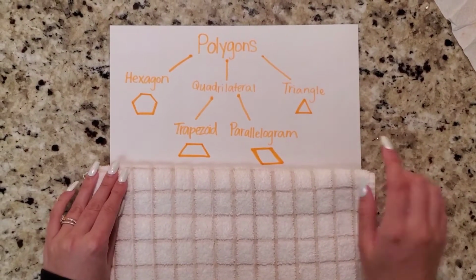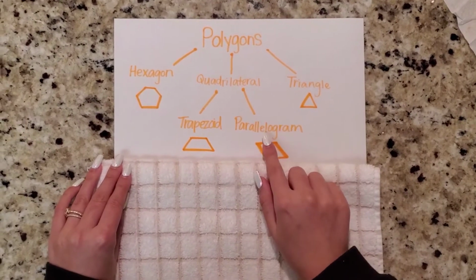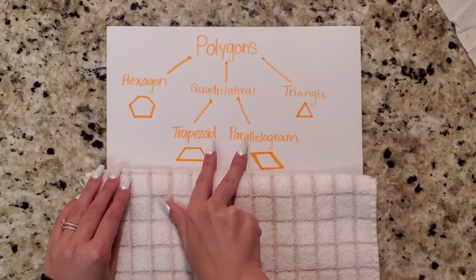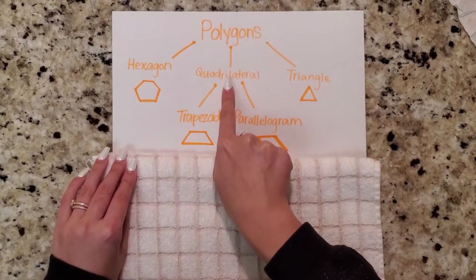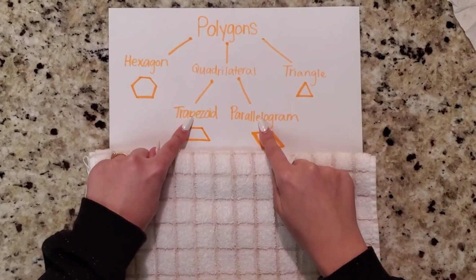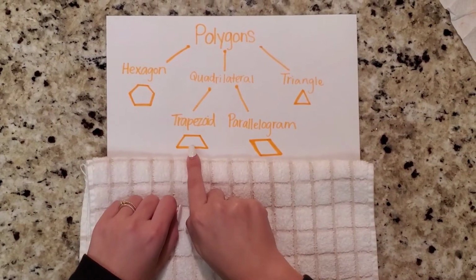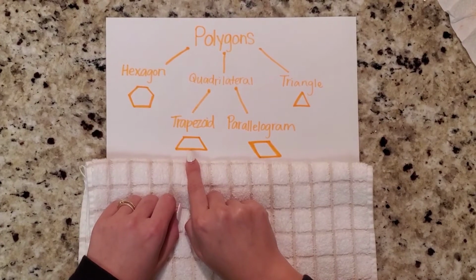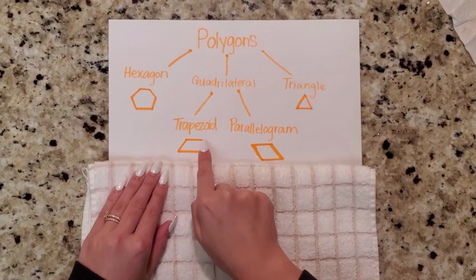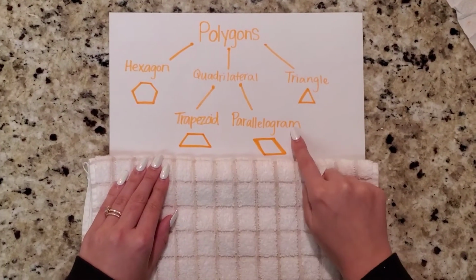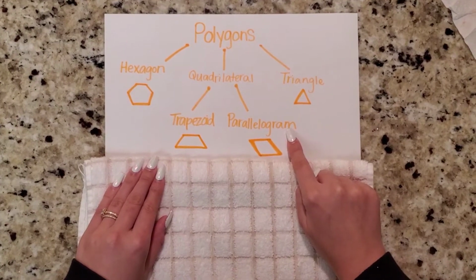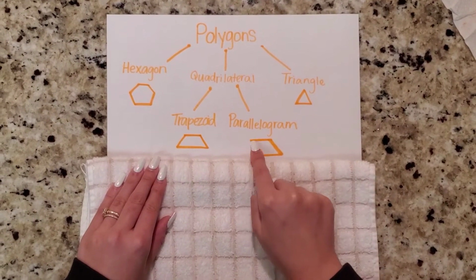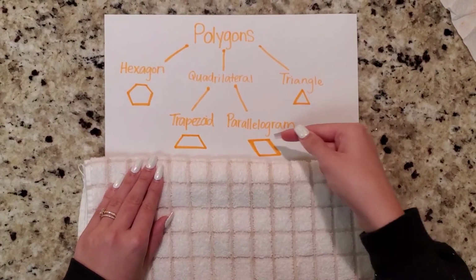Next we've got a trapezoid and a parallelogram. Now both of these are quadrilaterals, so that's why they both come down like this. Now a trapezoid has 1 set of parallel lines, which are these 2, and a parallelogram has 2 sets of parallel lines, which is this set, and then we've got this set.